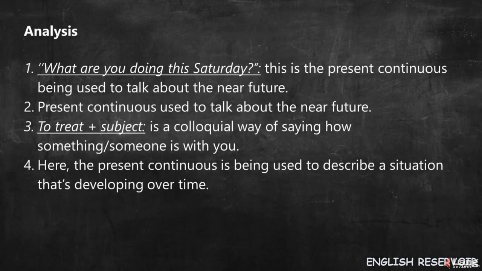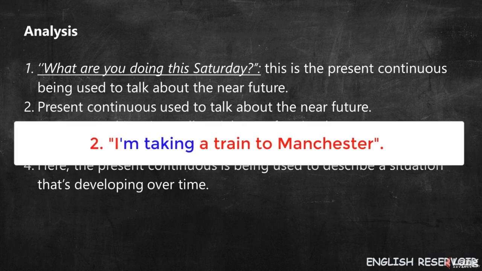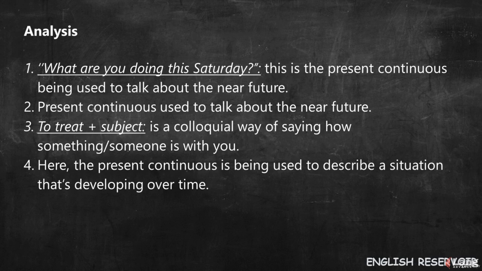Analysis. 1. What are you doing this Saturday? This is the present continuous being used to talk about the future, the near future that is. 2. Present continuous used to talk about the near future. 3.